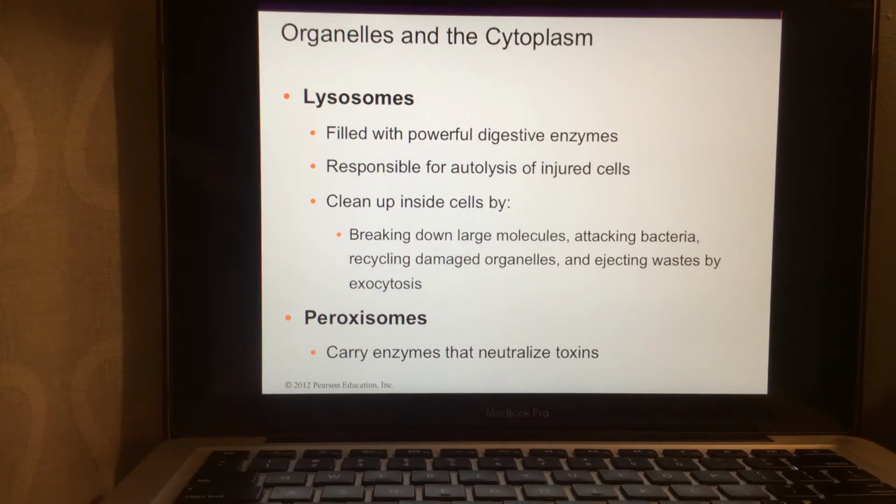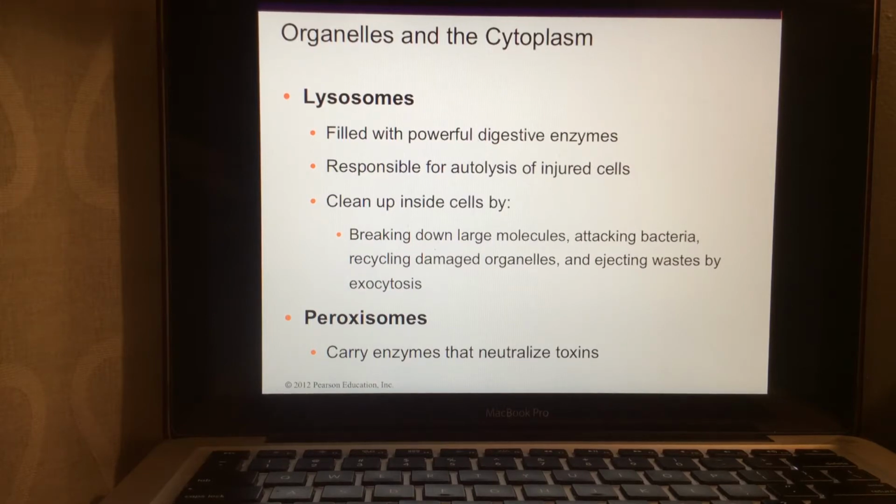They have several functions, but overall they're responsible for providing an isolated environment that will help prevent against potentially dangerous chemical reactions. So if they see viruses, bacteria, or damaged organelles that are no longer functional for the cell, they're going to break them down and eject them out through exocytosis. Basically, they're little internal stomachs of our cells.